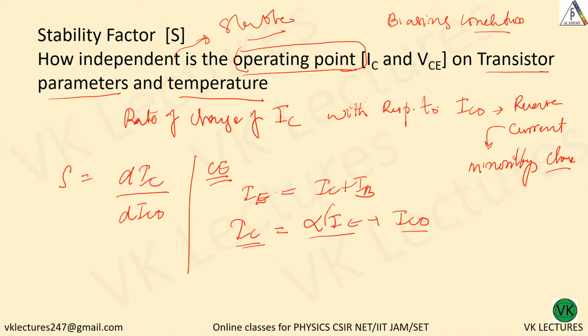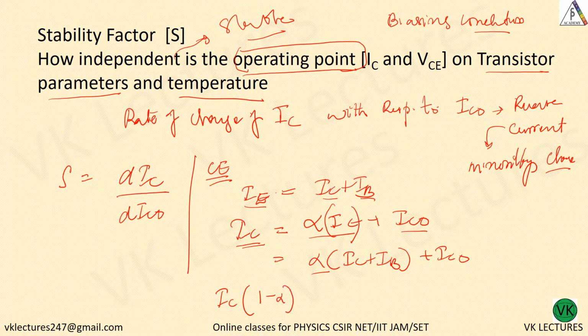Now what is this IE? IE again we can write as IC plus IB. So IC equals alpha into IC plus IB, plus IC naught. Now bring this quantity to the left side. So IC into 1 minus alpha equals alpha times IB plus IC naught.